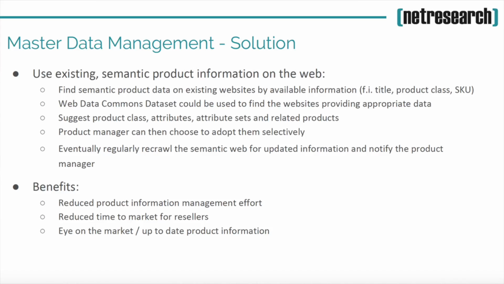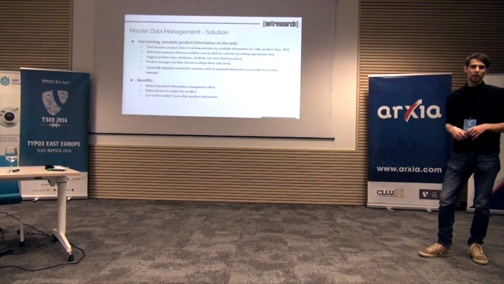Our idea to at least help with this is to also use existing background knowledge from the semantic web, and to take basic product information, like for instance the SKU or the product title, and search the semantic web for products like this, and get the information that others are already providing.